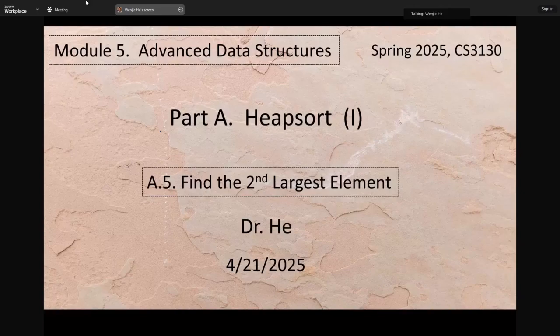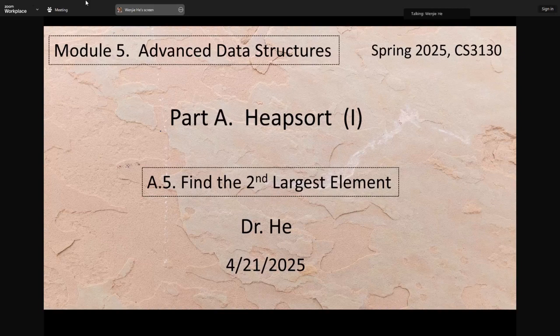I leave that part to the next class, because we need to do the counting level by level.